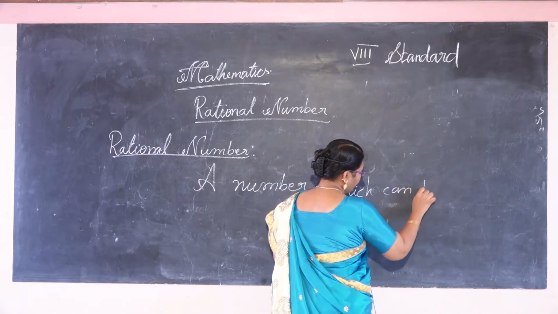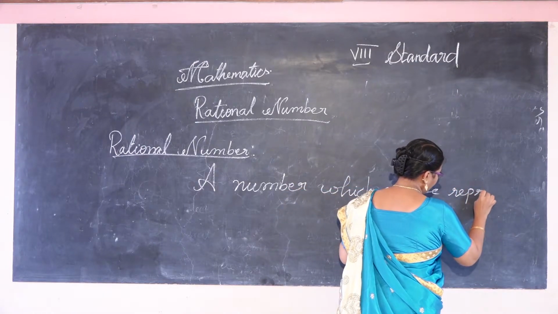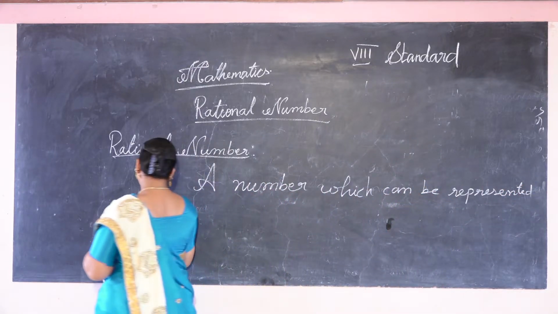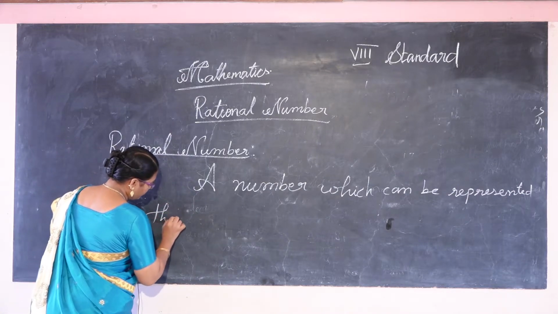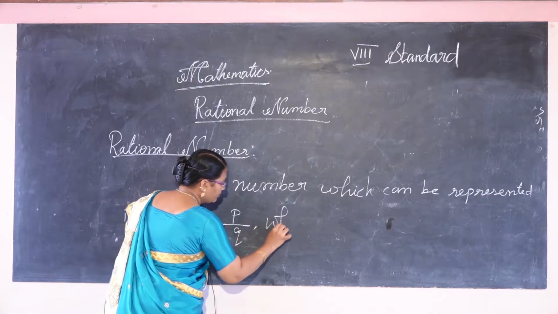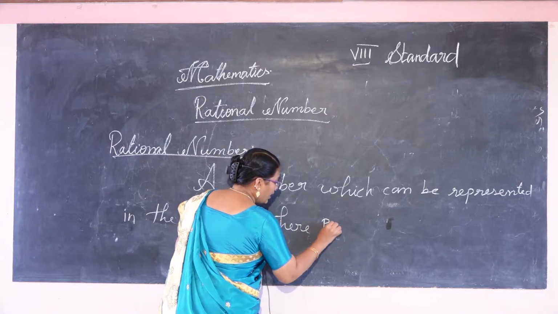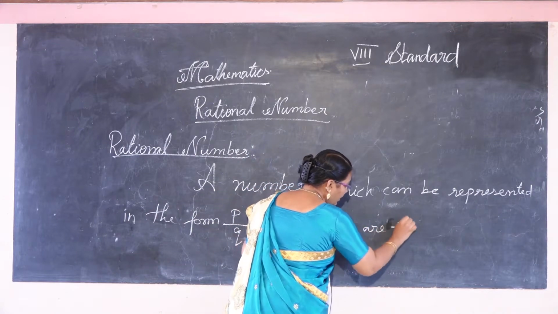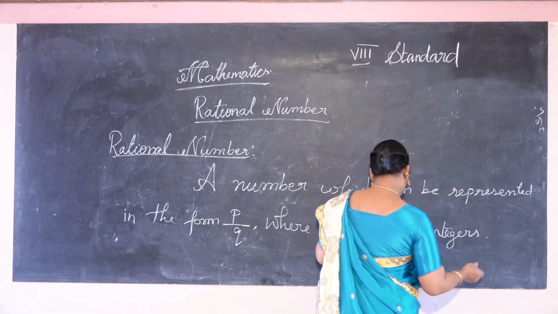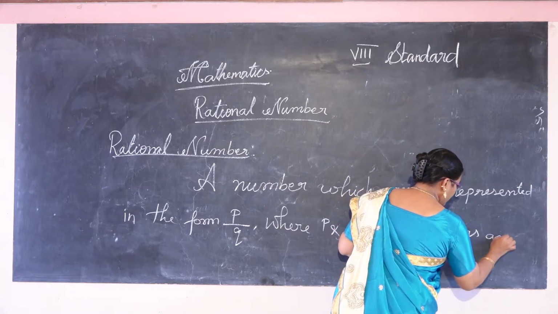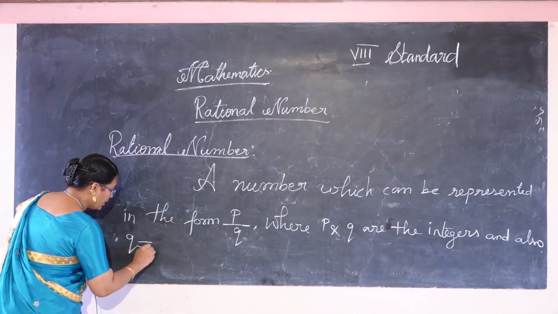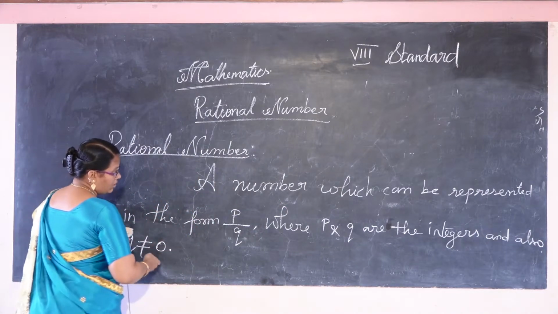A number which can be represented in the form p by q, where p and q are integers and also q is not equal to 0, is called a rational number.